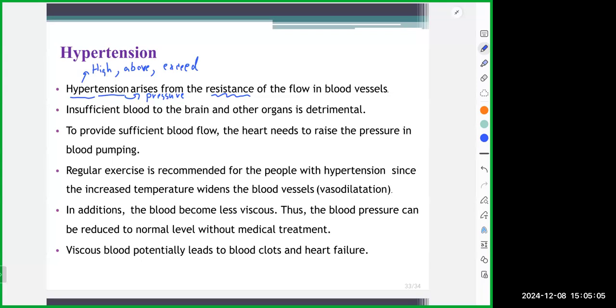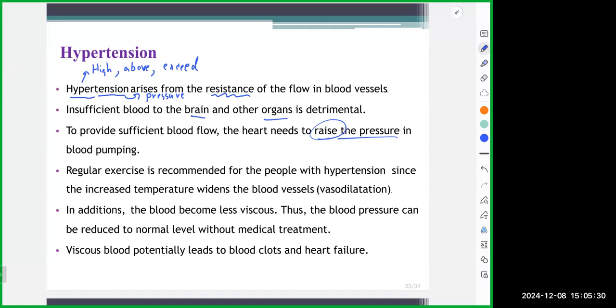The cells will die, for example in the brain, some organs die. To provide sufficient blood flow, the heart needs to raise the pressure. That is the hypertension.